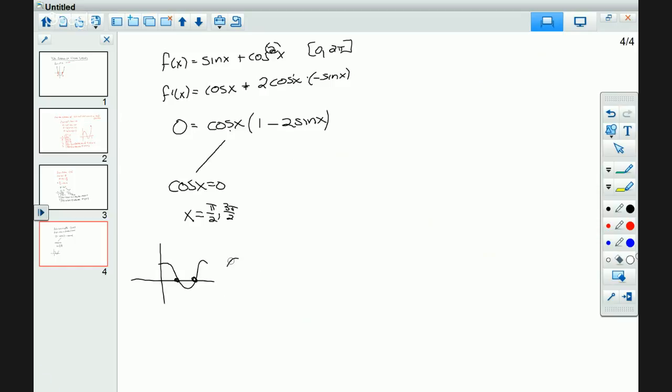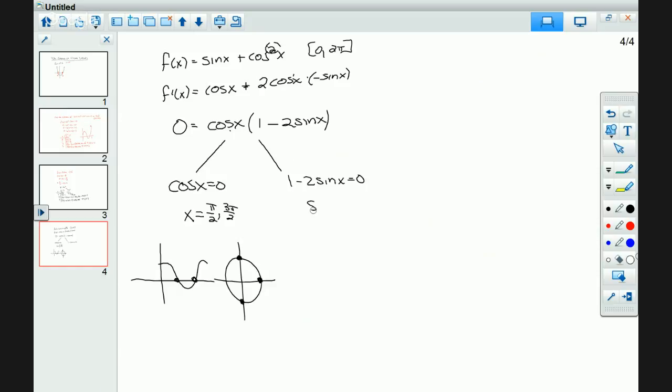Think power 2. 90 and 270. Okay. Where is 1 minus 2 sine x equals 0?